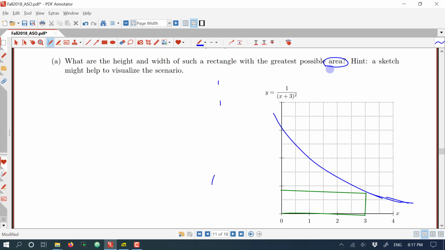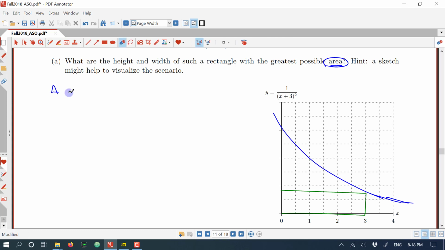The key thing I find helpful for optimization problems is to look for the phrase where it says the greatest or the smallest, and then focus on the word beside it, the thing you're asking for the largest of. Here it's area. That is your starting point.